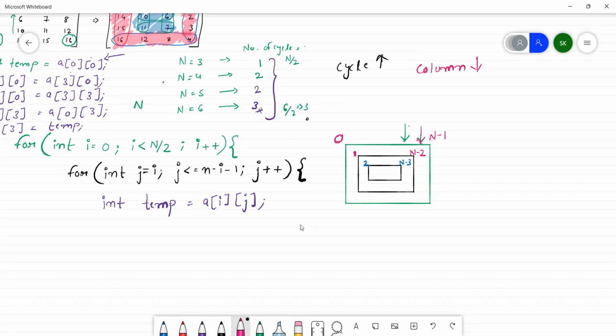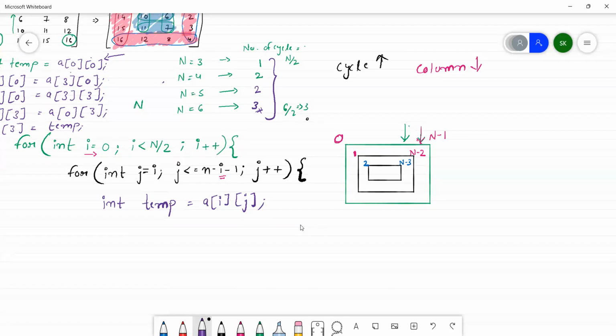Linearly your cycles are increasing, that is I is once 0, then 1, then 2, then 3, and accordingly, your column is also decreasing. That's why I put this variable I into this formula. One by one the columns are decreasing and one by one the cycle is increasing. So why not just integrate both of them? Clear? The number of cycles is increasing and the columns are decreasing. That's why it is minus. Got it? Yeah, thank you.